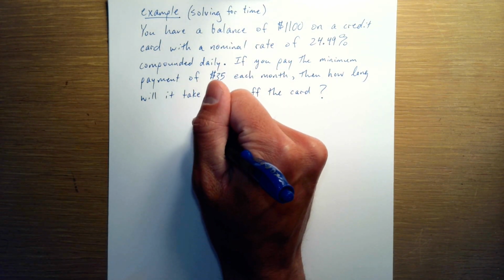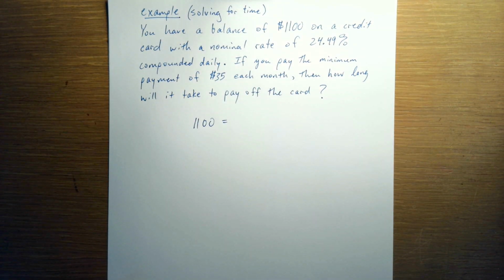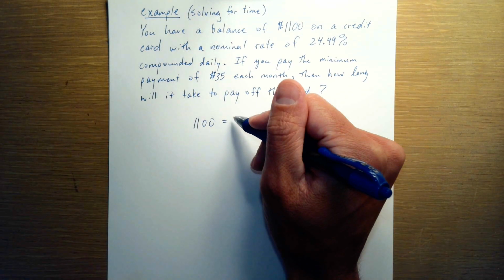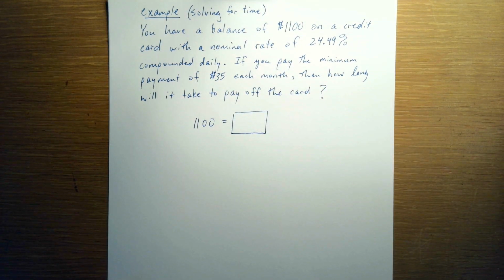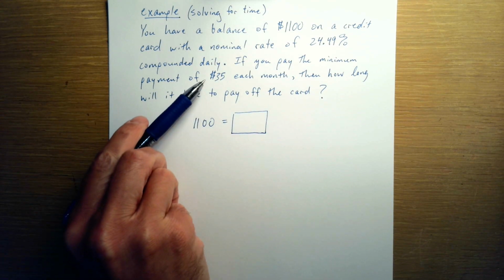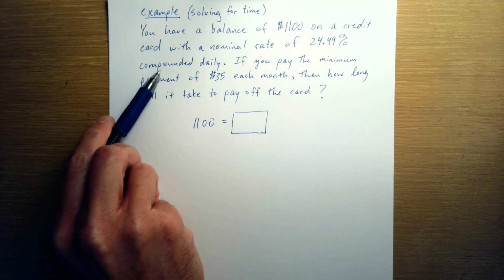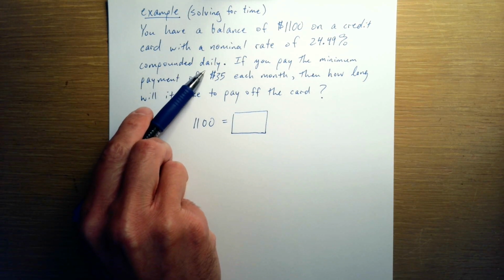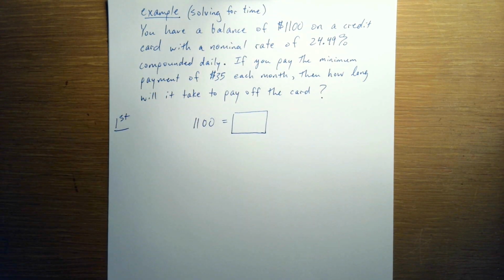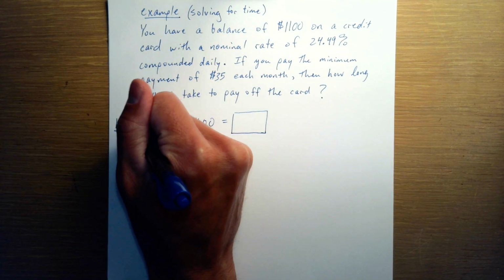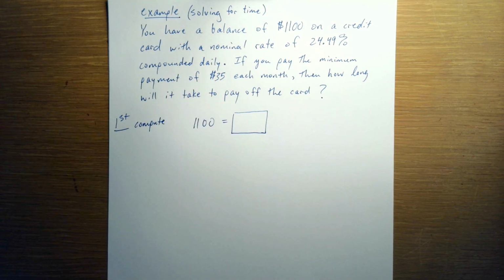So our formula after plugging in looks like this. 1100 is the present value, and here we need our payment, but notice our payments are given as monthly payments, but the interest is compounded daily. So before we plug anything into this, we need to compute from our monthly payments, what is our daily payment?